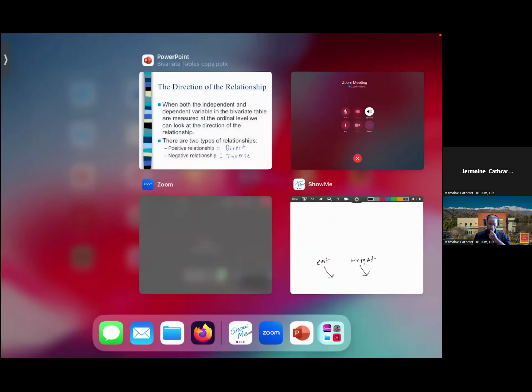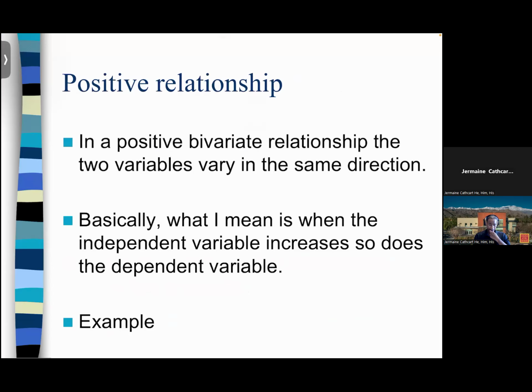So when we talk about a positive relationship, that means that the two variables vary in the same direction. They're going in the same direction. Either they're both going up together or they're both going down together. So positive doesn't mean that it's going up, although when you think about the term positive, you're thinking, oh, well, they're going up. But that's not the way the textbook uses the term positive.